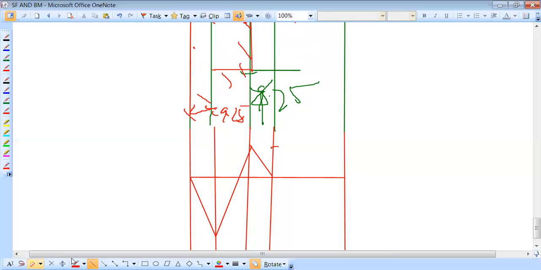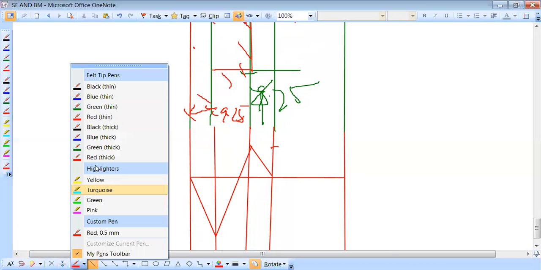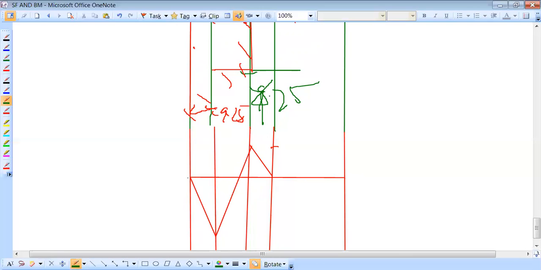So this is the calculated diagram of the BM. This way you can easily draw the SFD and BMD for the overhanging beam. I think you understand, so try to understand.